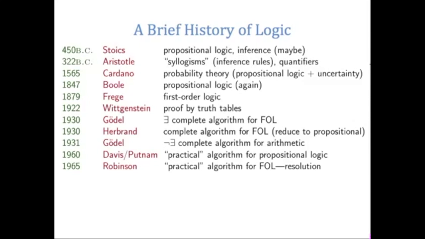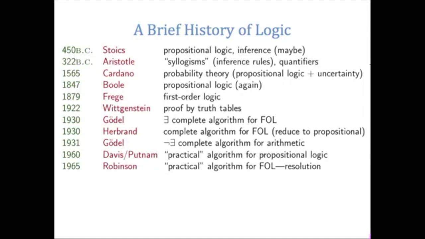Cardano, in the Renaissance, came up with the idea of probability theory, which basically combined propositional logic with uncertainty, and that's actually a field which is active today. Boole independently reinvented propositional logic, and that's why we talk about Boolean variables, right? Because they're either true or false.